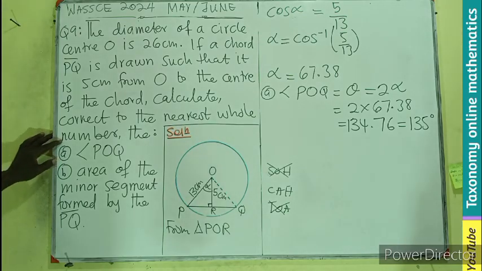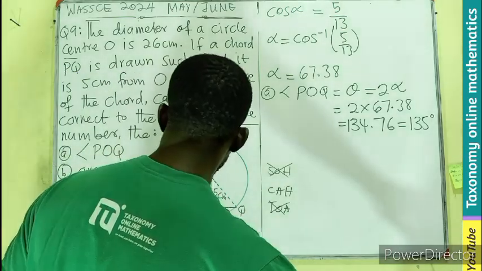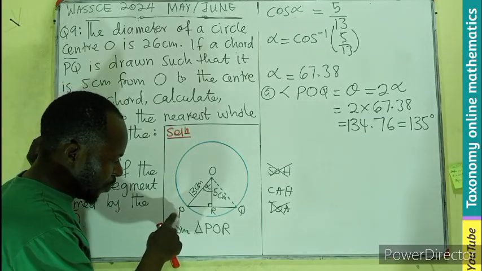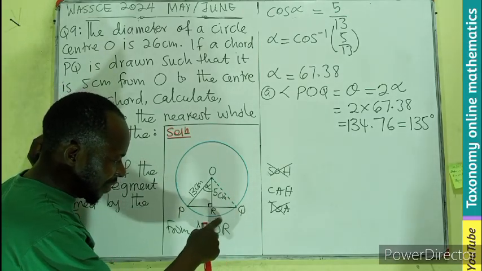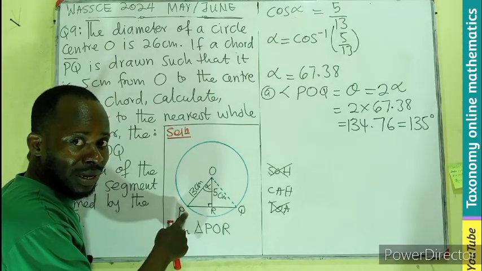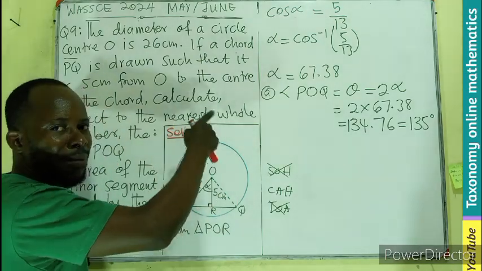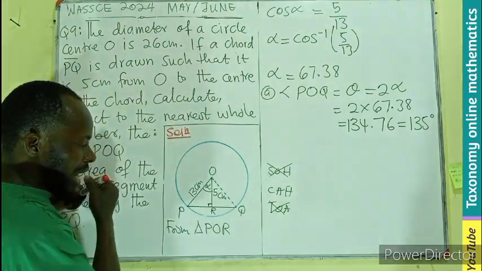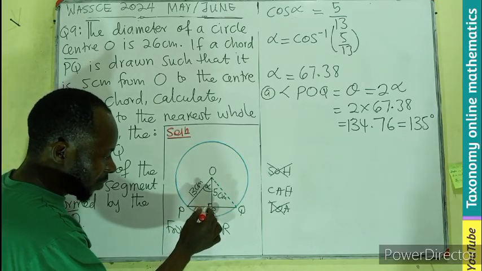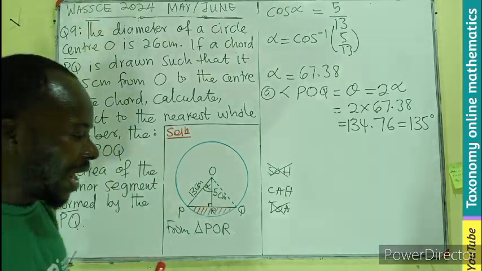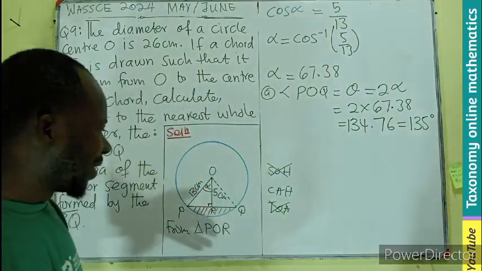All right. Going to the second part, we are asked to find the minor segment. PQ with this arc is the minor segment. PQ with this longer arc is the major segment. So all that we are looking for is this segment. There is no direct formula in finding the segment here.